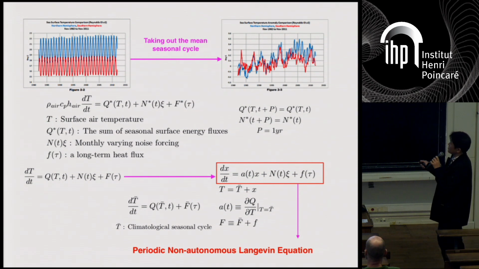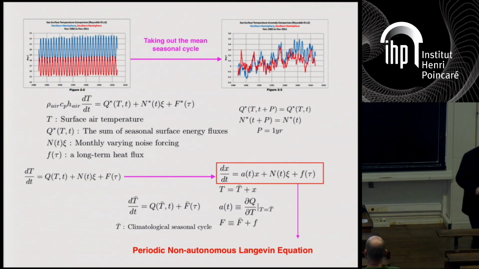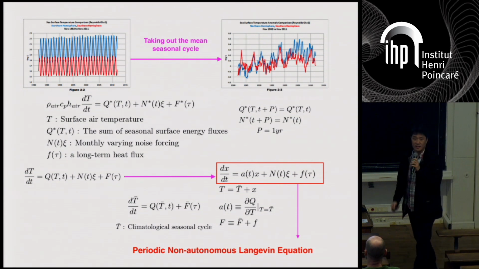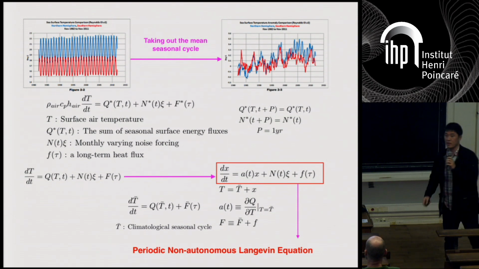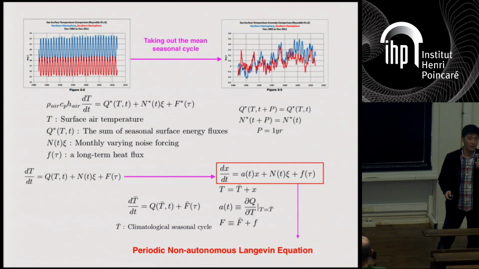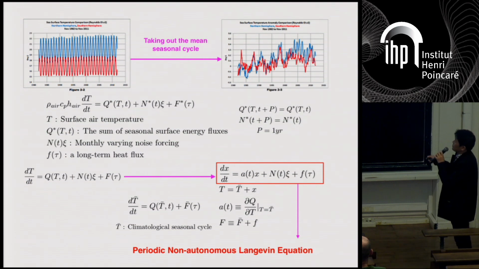The first one is a collection of the seasonal forcing, which is periodic. The second term is a white noise term, the contribution from the weather. And the last one is a very slowly varying forcing, which might contain some effect of global warming and ocean circulation, everything. After dividing by some factors, maybe the temperature evolution equation is represented like that.